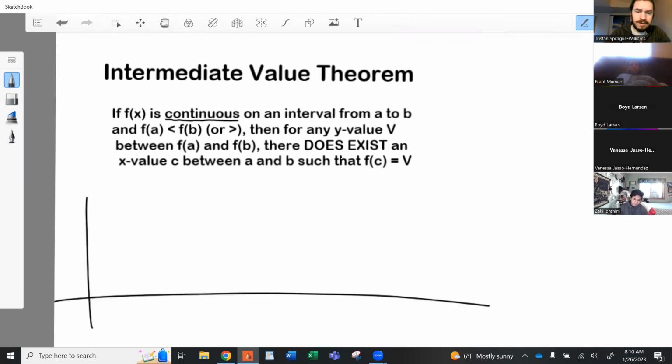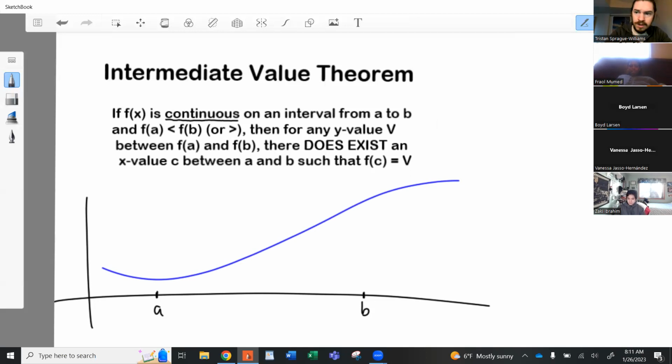So let's say here's your a and here's your b, and we have a function that is continuous on that interval. Maybe it does something like that. That's a nice continuous line, right? I can draw it without jumps, there are no holes, there are no vertical asymptotes. Nice and continuous.